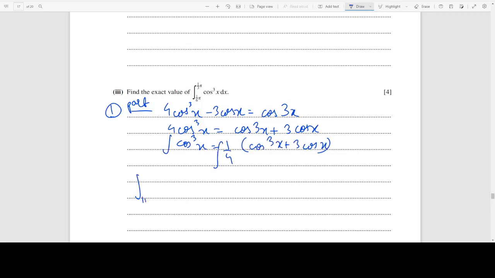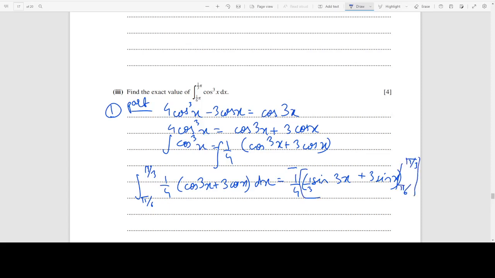So integral from pi over 6 to pi over 3 of 1 upon 4 times (cos 3x plus 3 cos x) dx, which is equal to 1 upon 4 times the integration, which is simply sine 3x divided by 3 plus 3 sine x, and this is what we have been given limits for, pi upon 6 to pi over 3.